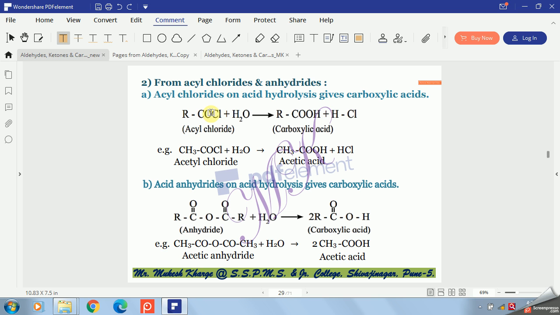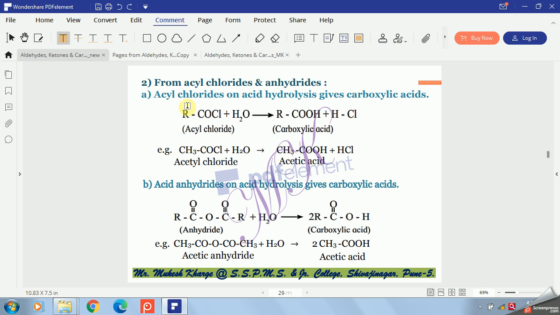So what change do you have to write? You have to convert this Cl to OH. The remaining part is the same. So RCOCl gets converted to RCOOH. So we have to replace this Cl by OH. So the reaction is hydrolysis. So what do you get? RCOOH plus HCl as the byproduct.